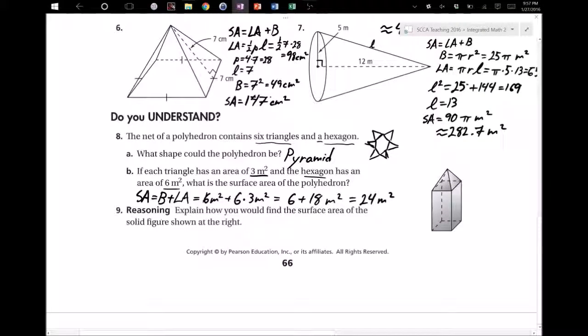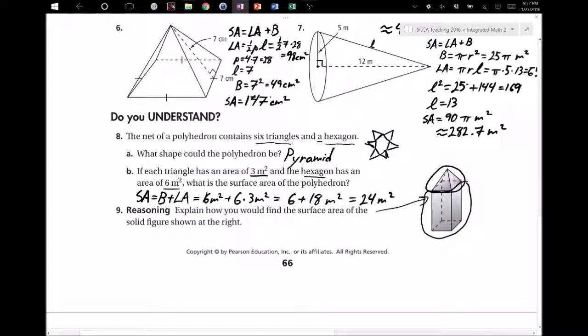Now for the last problem, reasoning: explain how you would find the surface area of the solid figure shown at the right. There are many ways to explain it. You could say that I am going to find the surface area of that pyramid on top, and then the surface area of the prism on the bottom.